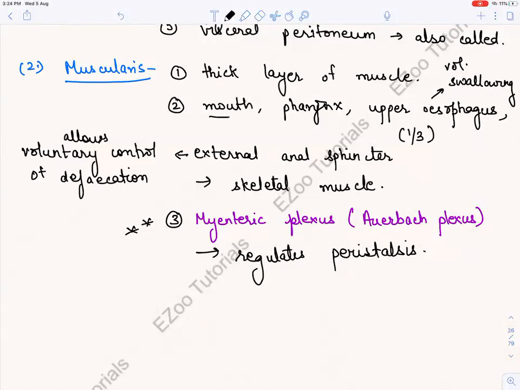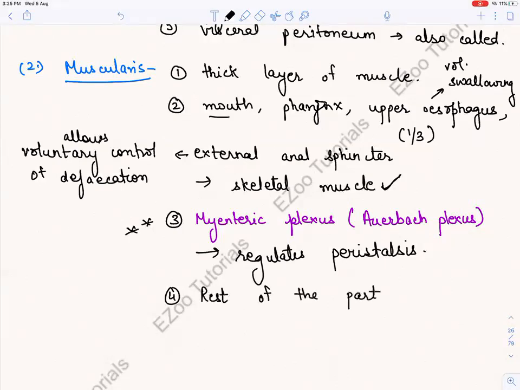Okay, so it is a thick layer of muscle in mouth, pharynx, upper esophagus to allow voluntary swallowing. It is composed of skeletal muscle, and the external anal sphincter is also made of skeletal muscle so as to allow voluntary control of defecation. And in the rest of the part, it is made up of what?